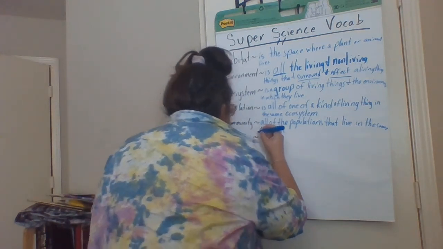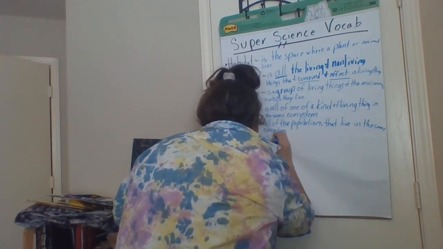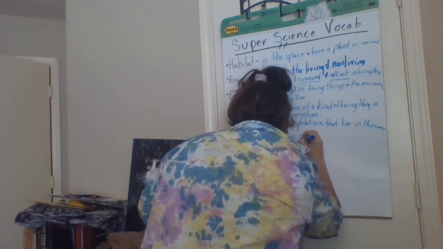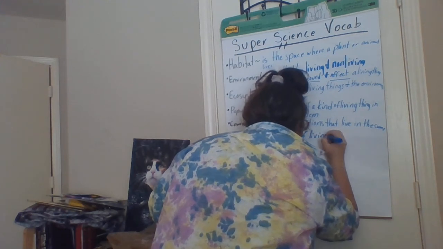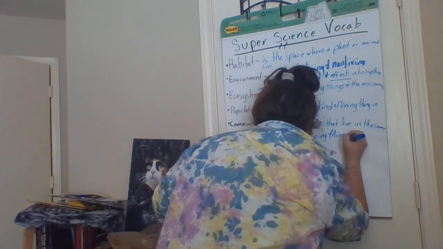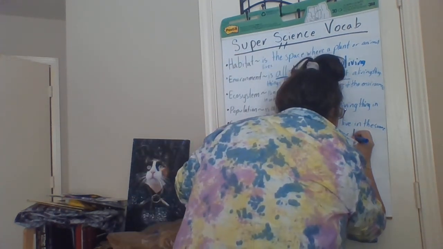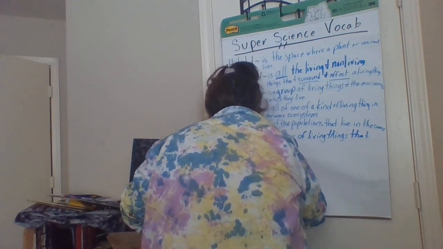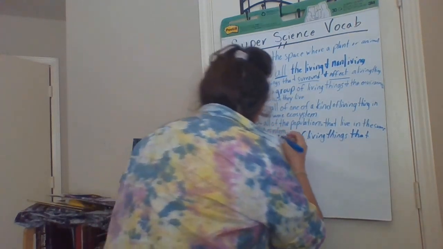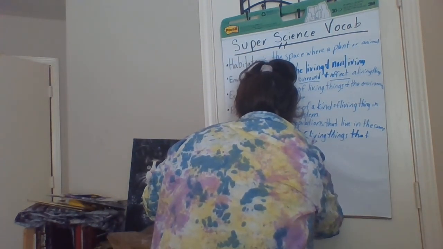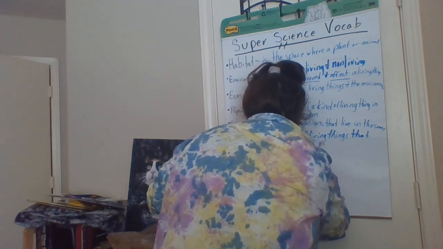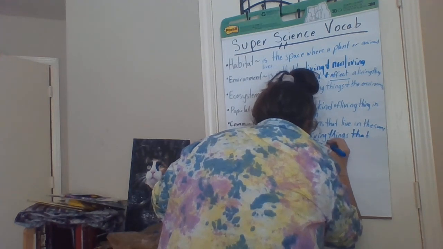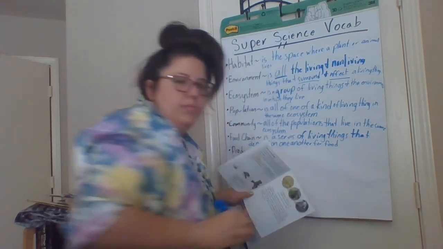A food chain is a series of living things that depend on one another for food. Okay?